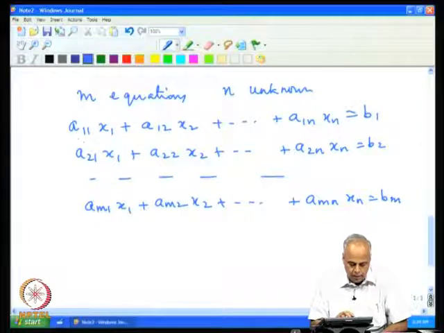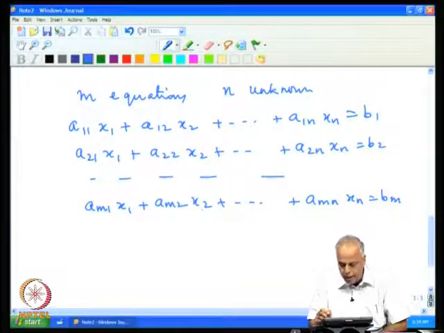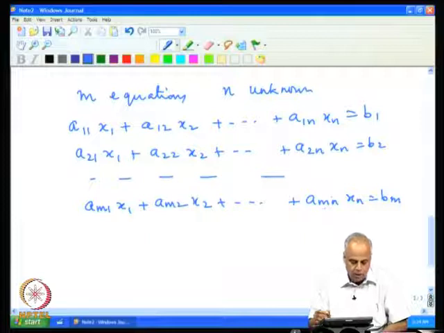Here in the a's, the first index, for example in a22 or in am2 or in amn, refers to the number of the equation. So, in the second equation, all of them will have the first index as 2: a21, a22, a2n.